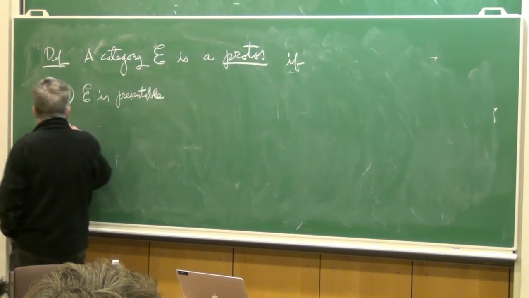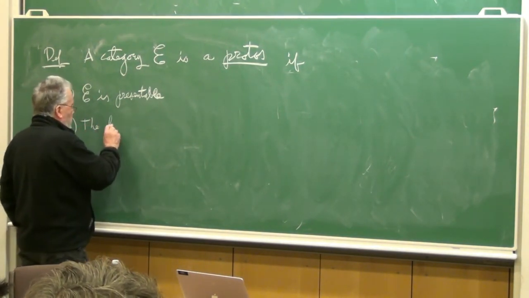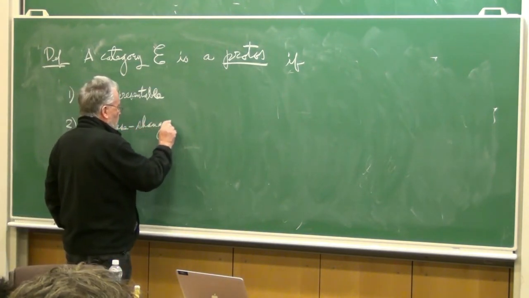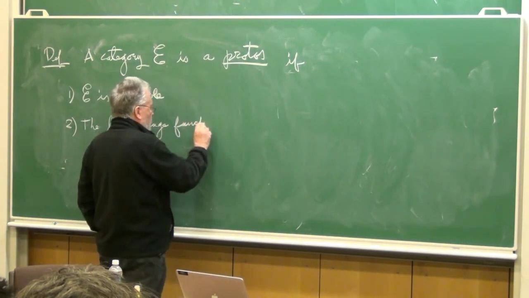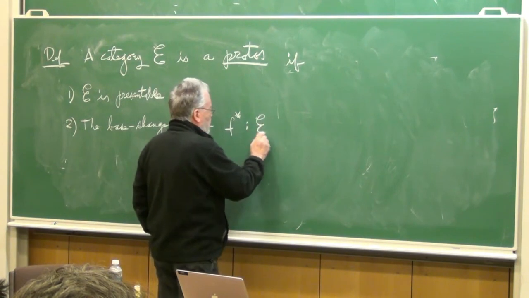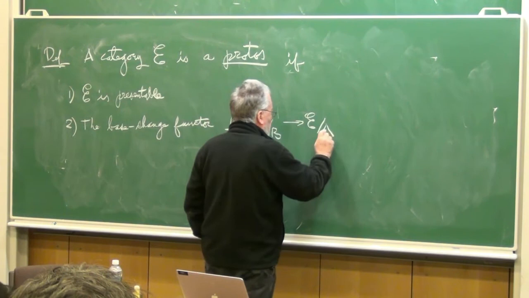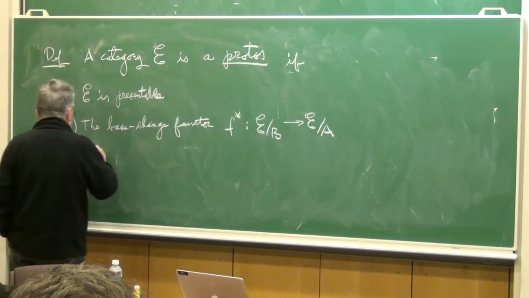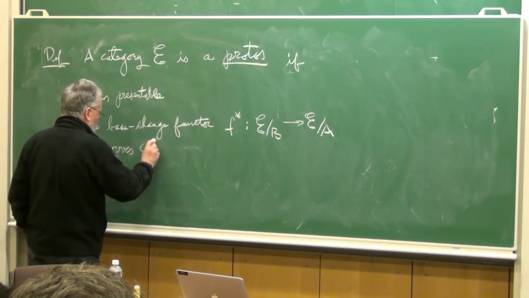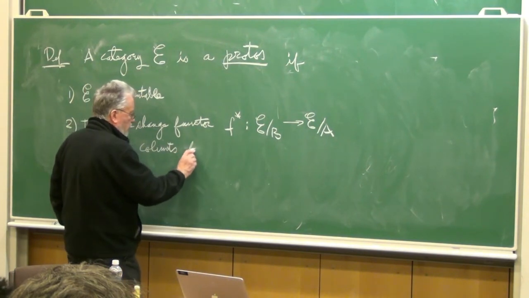And second, the pullback, the base change functor f star from E over B to E over A, preserves colimits, for every map.